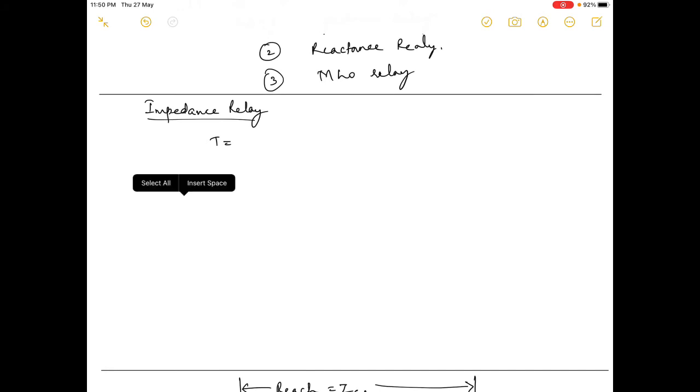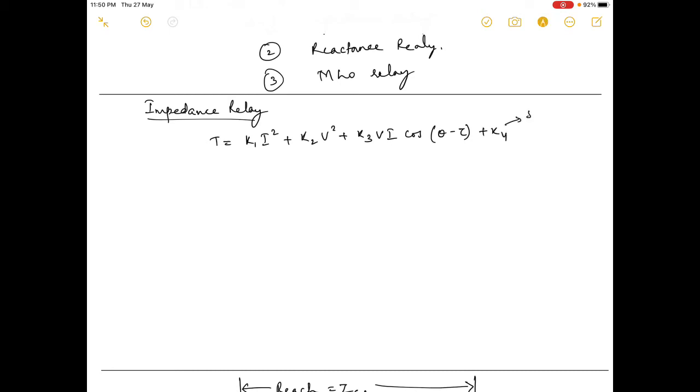So the universal torque equation is given by K1 I square minus K2 V square. This is what we had seen just now, but the universal equation is plus K3 VI cos of theta minus tau, minus K4, where K4 is the spring constant.